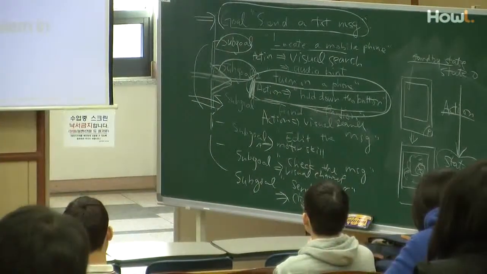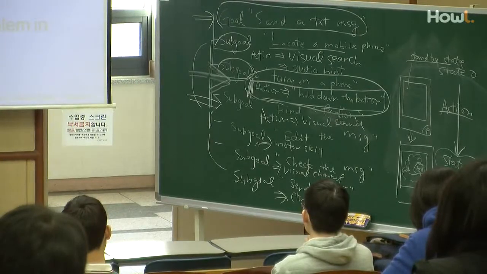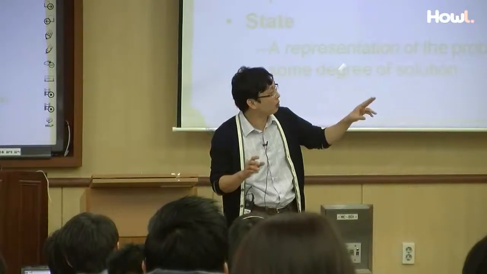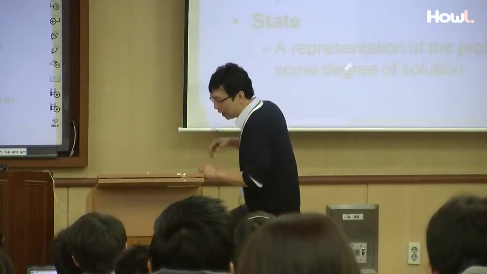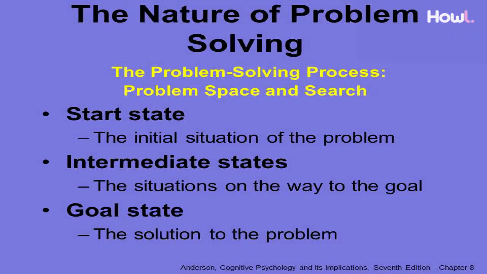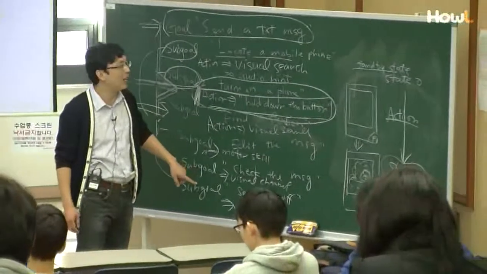Some people use probability, or a description, or text, whatever they want. So there are heaps of different ways of representing the state. The start state is state 0, and then the goal state is the final state.